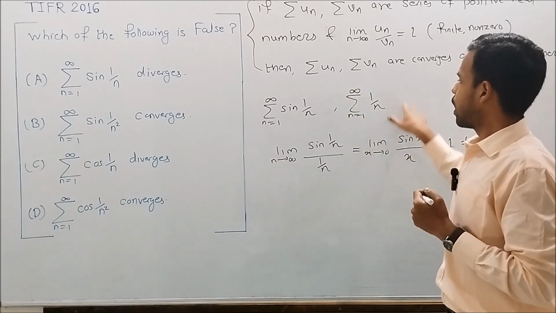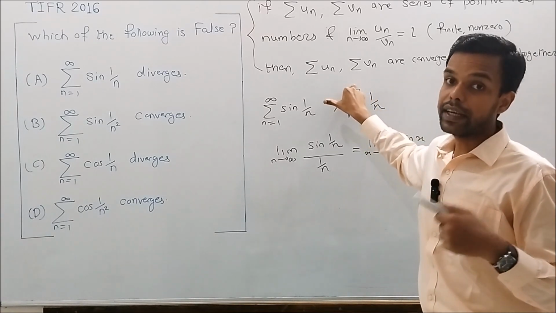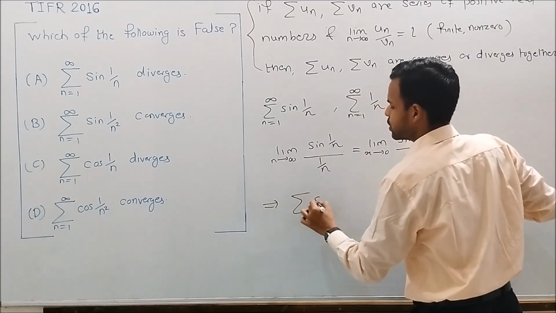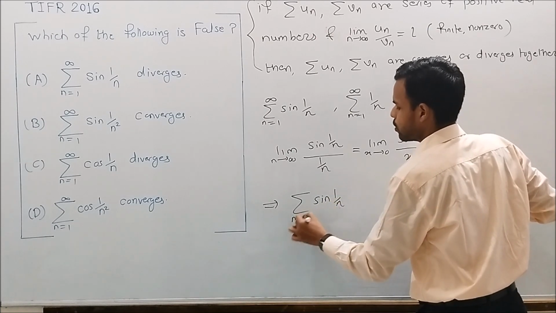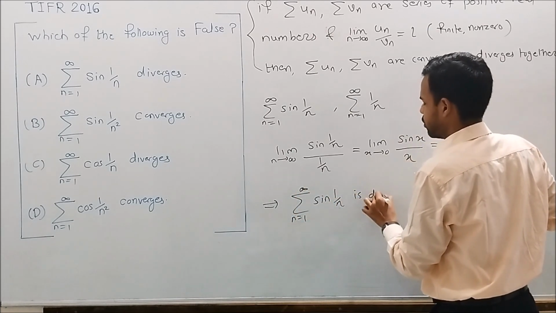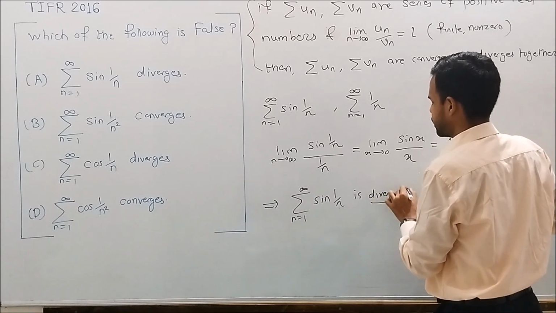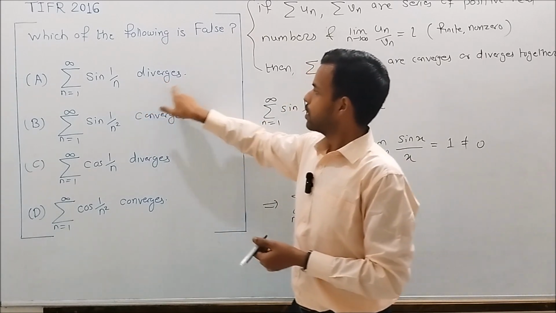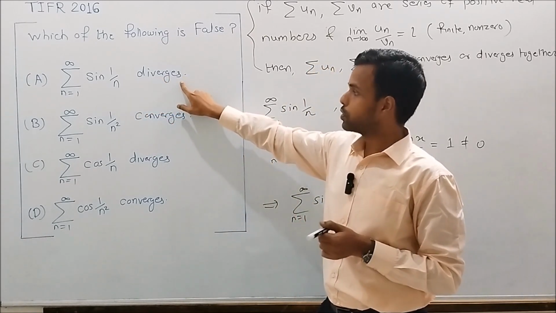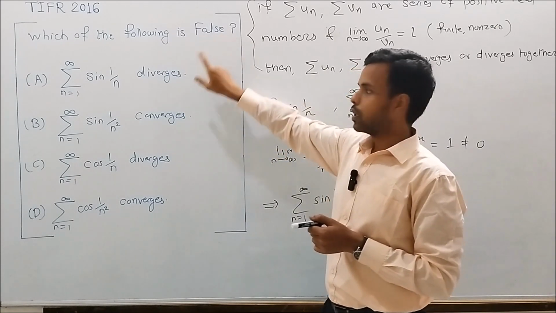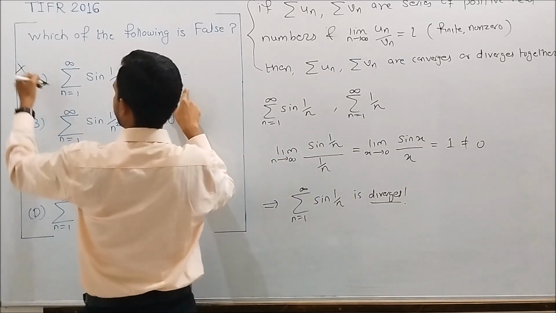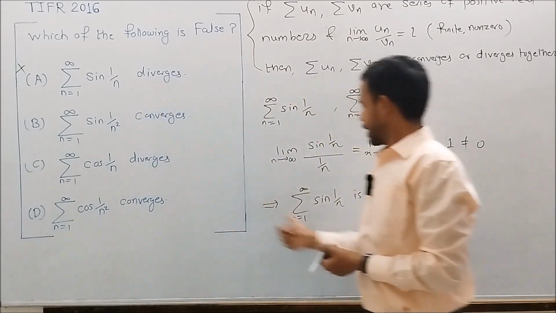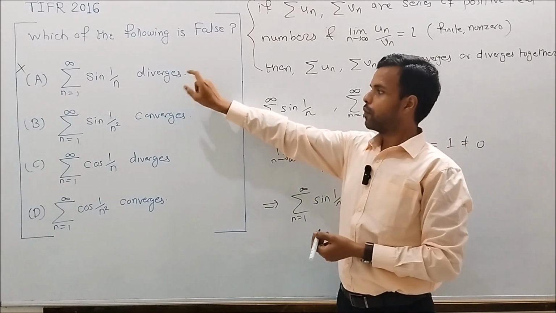But the harmonic series diverges to plus infinity, so the series sine of 1 over n diverges. So the statement in option A is a true statement, but we have to select the false one, so we discard it.